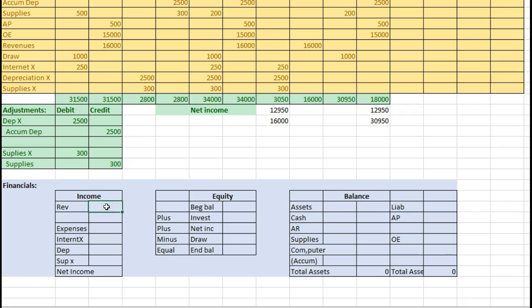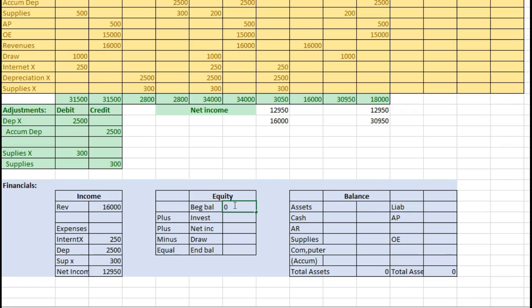So our revenue is $16,000. Our expenses are $250, $2,500, and $300. Oops, I got happy there, didn't I? And my net income is $12,950. Now remember, you do your income statement, then you do your equity statement, and then you do your balance sheet. So what was my beginning balance with my equity?